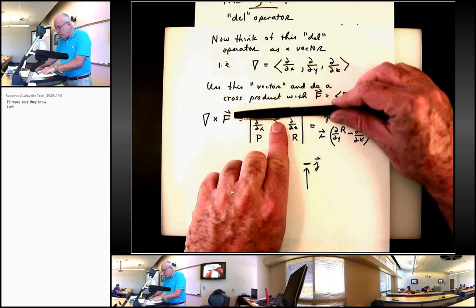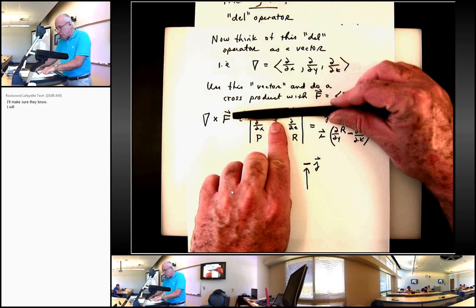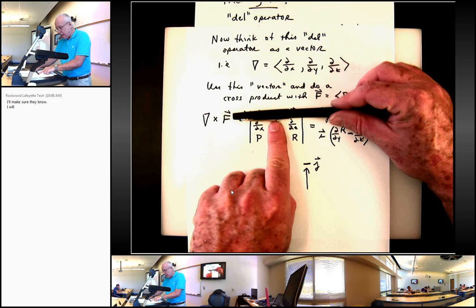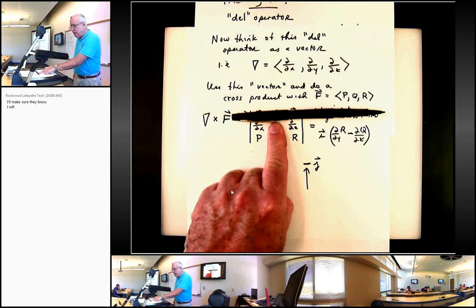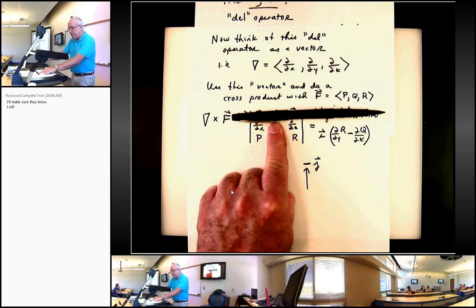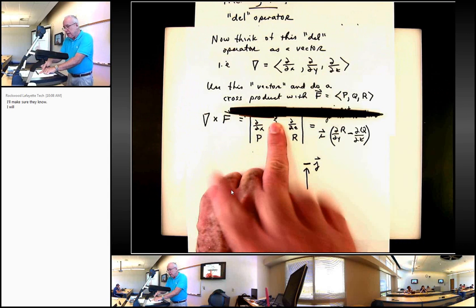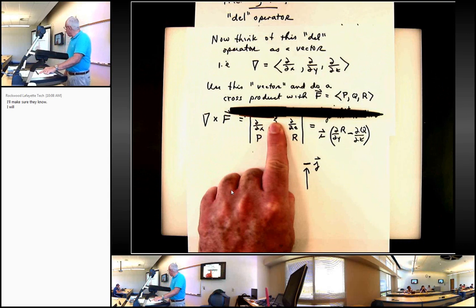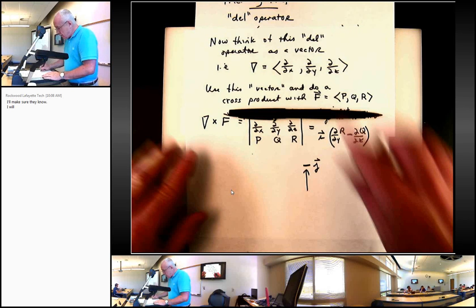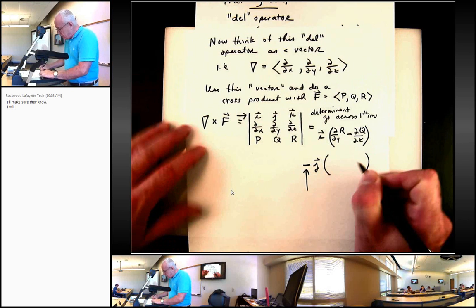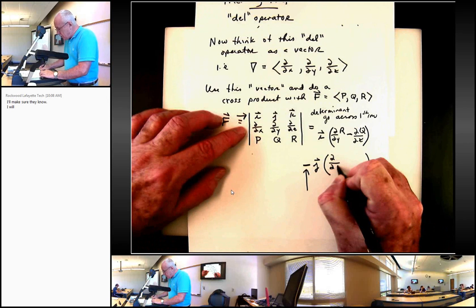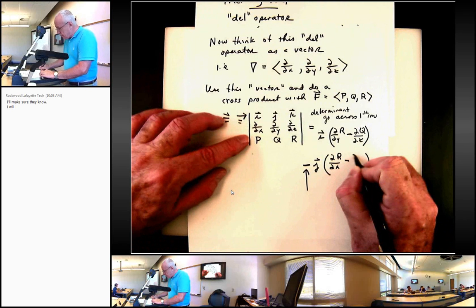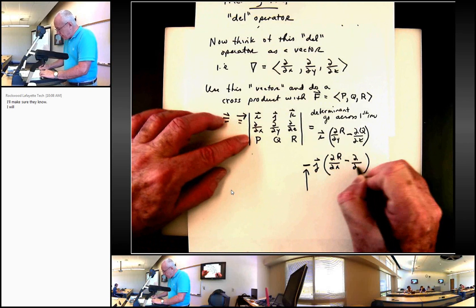Then we're blanking out the first row and now the second column. What we have left, we take the determinant of, and that's going to be delta, delta x applied to R minus delta, delta z applied to P. Go down diagonal minus the up diagonal. So let's mark this down: delta, delta x applied to R minus delta, delta z applied to P.